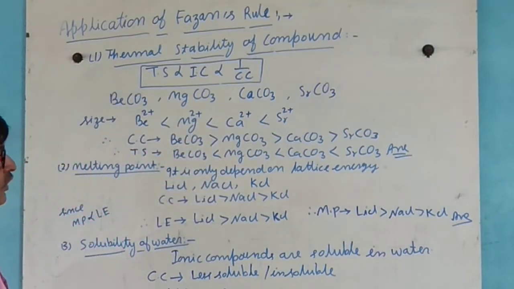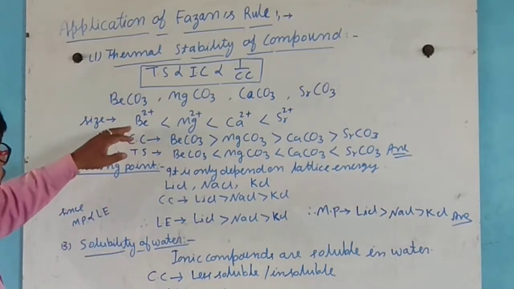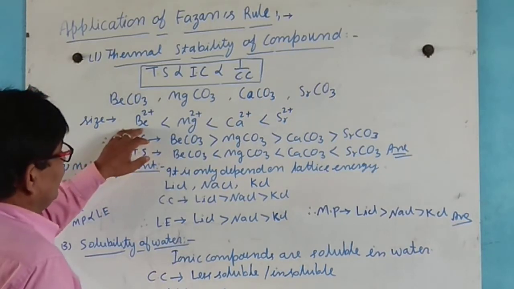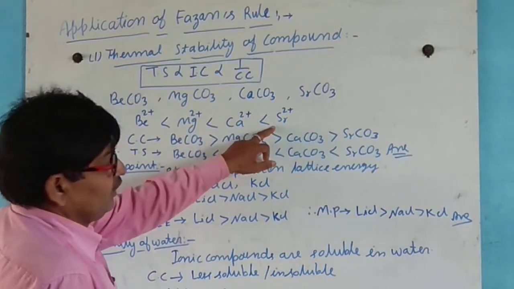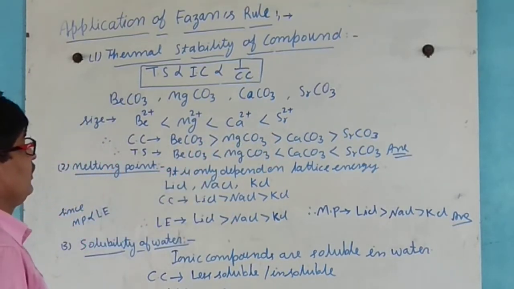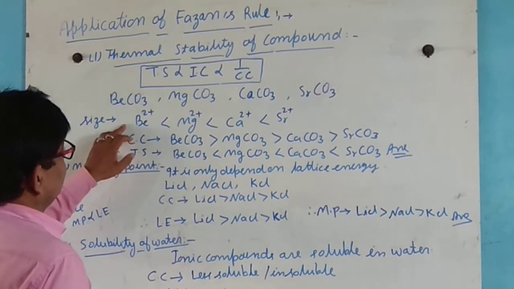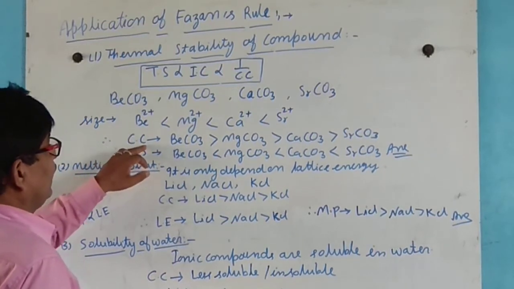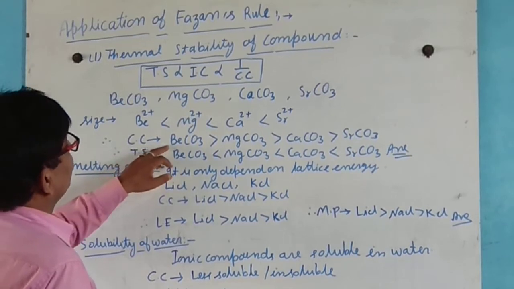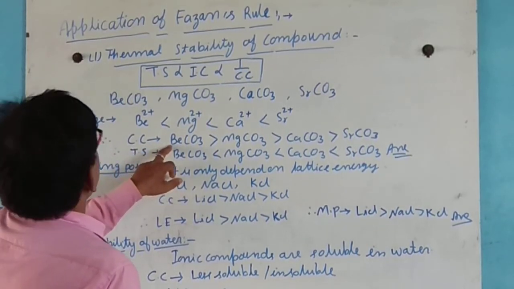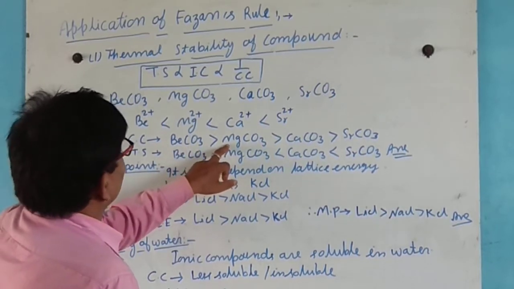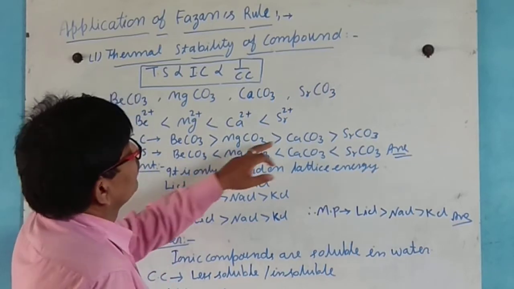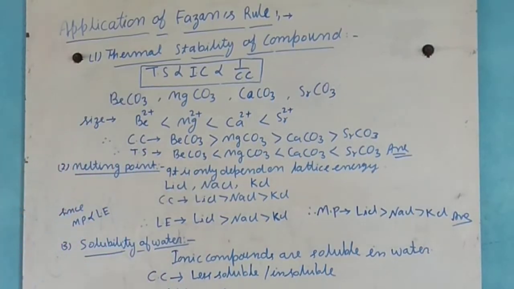In this case, we go from top to bottom. The size of beryllium is less than magnesium, also less than calcium, also less than strontium, so the covalent character of beryllium carbonate is greater than magnesium carbonate, greater than calcium carbonate, and greater than strontium carbonate.